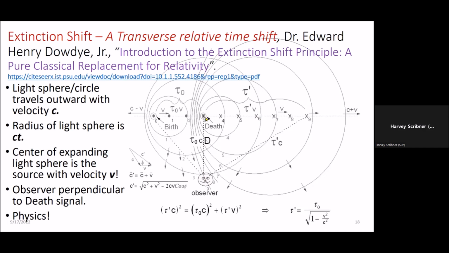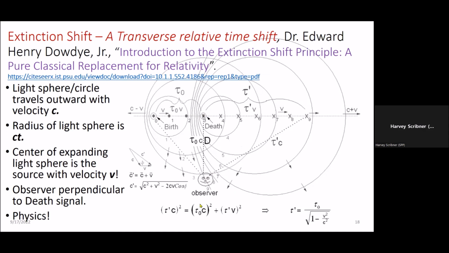So you have a time delay of 6 seconds. The two signals were emitted with a time delay of 3 seconds by the traveling source. The traveling source is already at the 9-second location by the time the observer has seen the second signal.